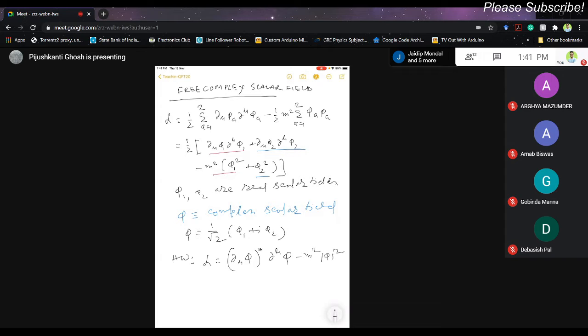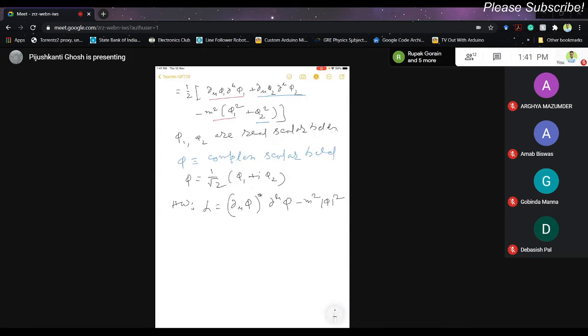So again, I remind you, phi 1 and phi 2 are real. Phi is a complex scalar field. Okay. Now recall that for a single real scalar field, this kind of operator. Okay, so here I should write down.